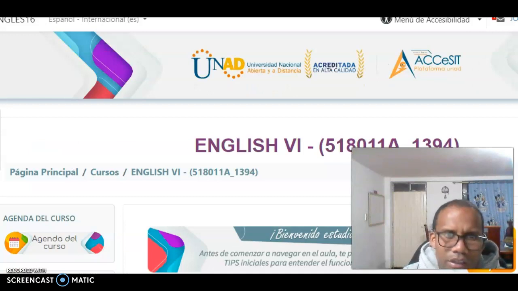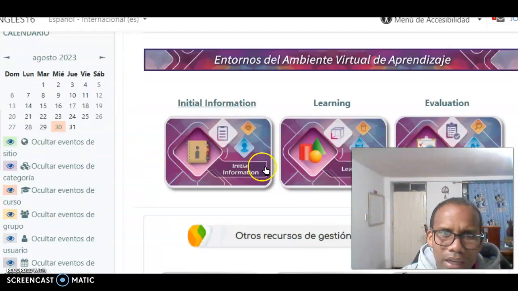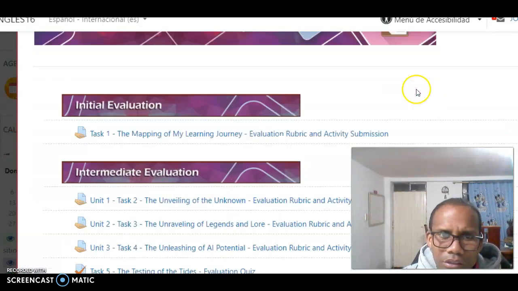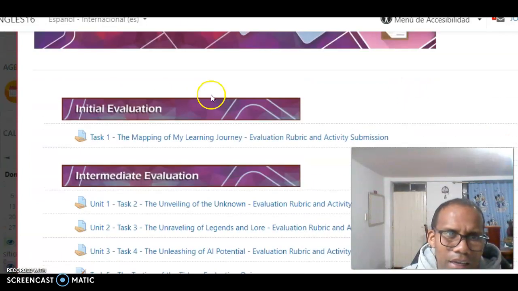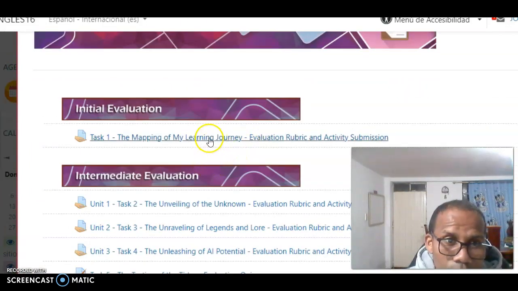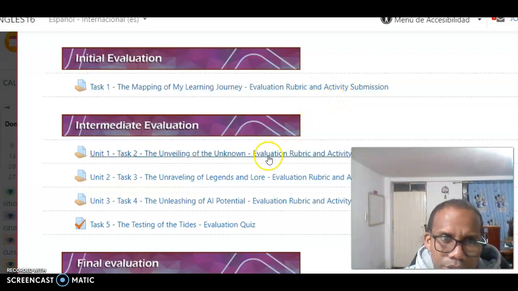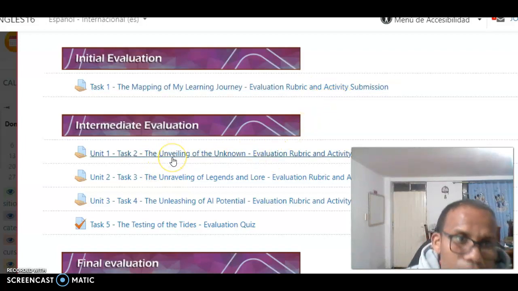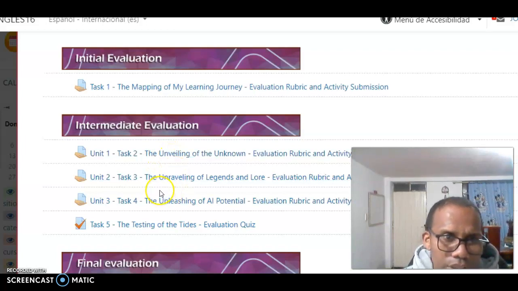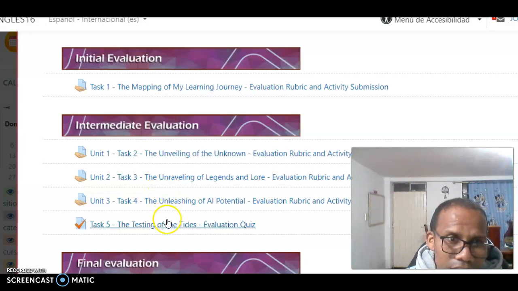and in the evaluation environment, we have different aspects as task 1 and evaluation rule and activity submission. Unit 1, task 2, unit 2, task 3, unit 3, task 4, and task 5.